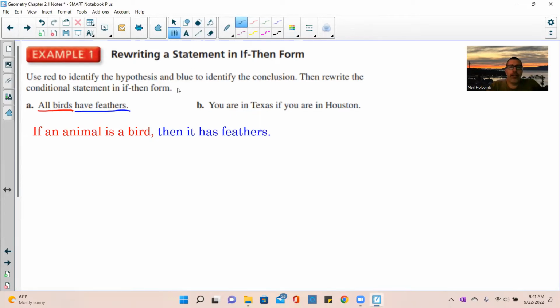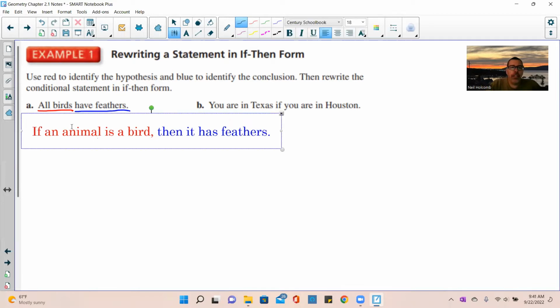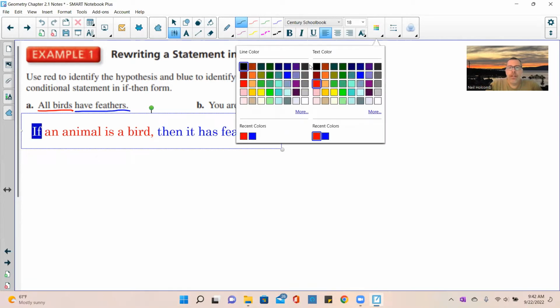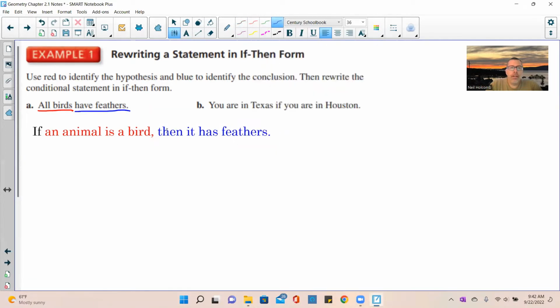So the only thing I want to do, it is an if-then form, but keep in mind that the word if is not part of the hypothesis and then is not part of the conclusion. So what I really should do here in showing this, if we're going to do it color-coded, is make this black.